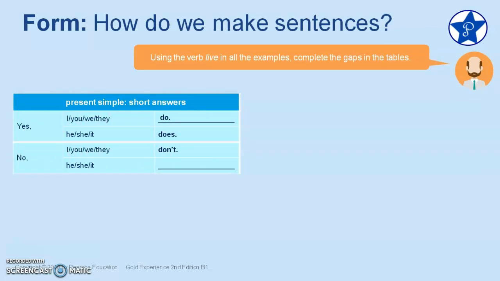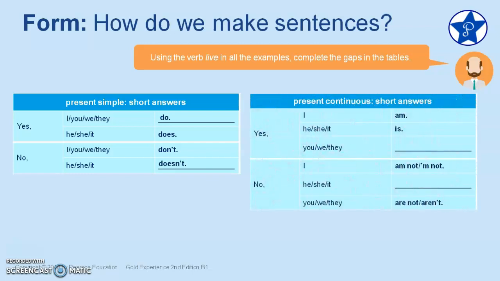Have a look as well at the short answers in the present simple and the present continuous.